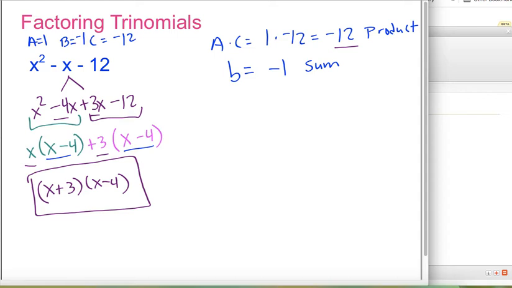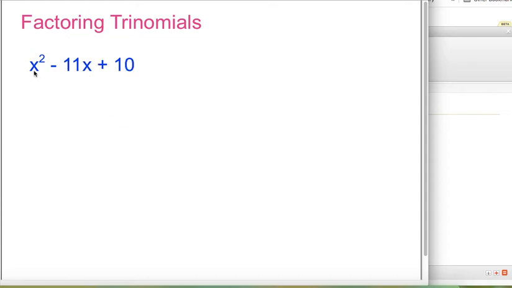We're going to look at a couple more. So here, again, find your A, your B, your C. A is 1, B is negative 11, C is 10. A times C will be 1 times 10, which is 10. That's what you want the product to be.